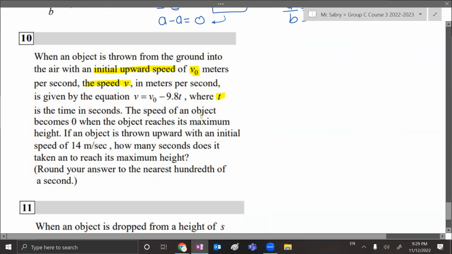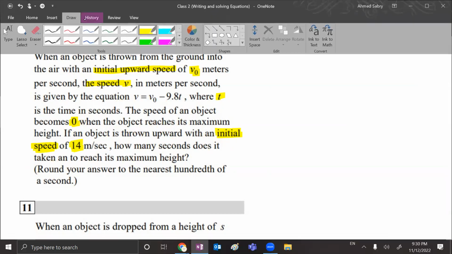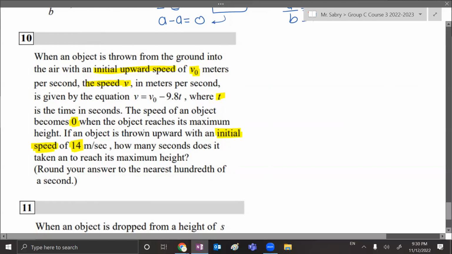The speed of the object becomes 0 when the object reaches its maximum height. If an object is thrown upward with an initial speed of 14 meters per second, how many seconds does it take for the object to reach its maximum height?